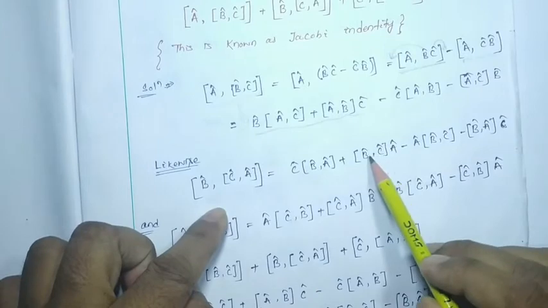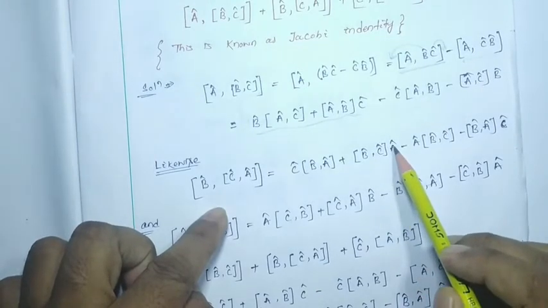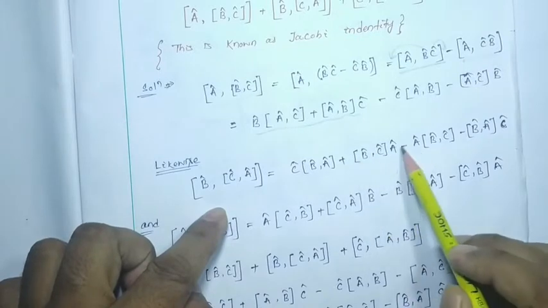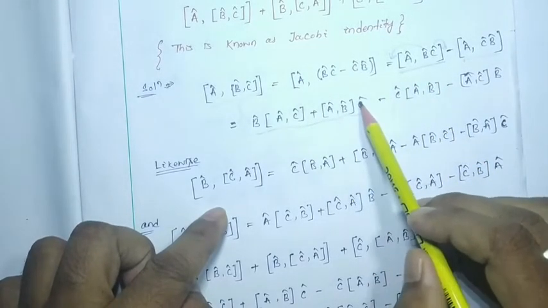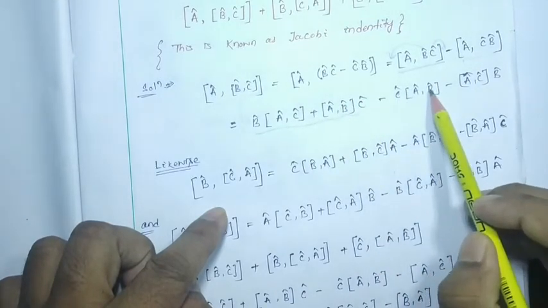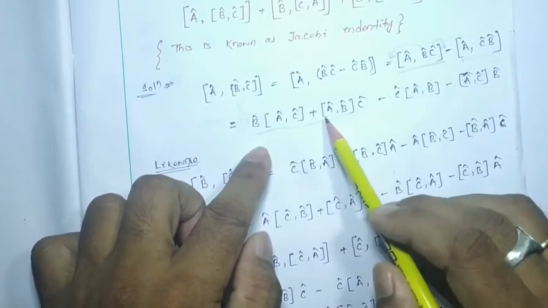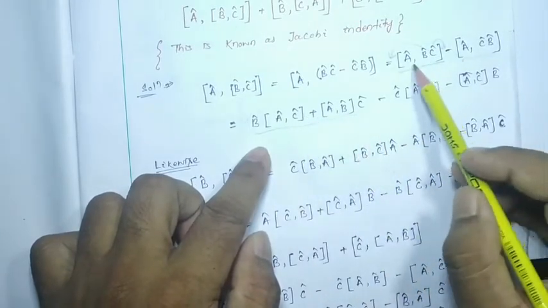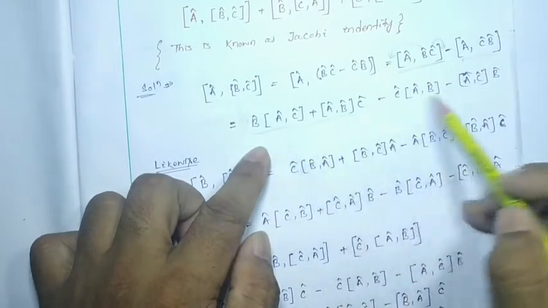That means here b cap c cap a cap is there, and the a cap will be moved to this side, minus a cap b cap c cap, and c cap a cap b cap. This is not a formula; by segregating these two terms we got this term.